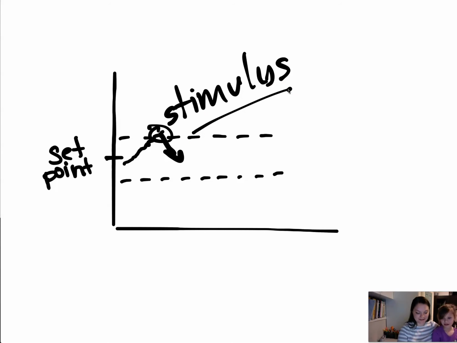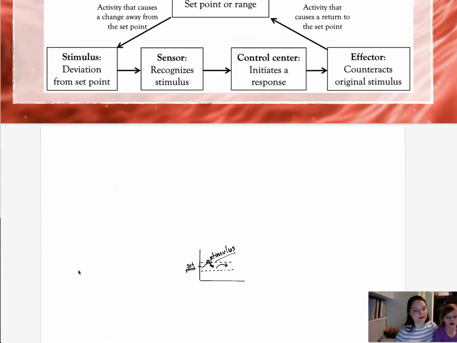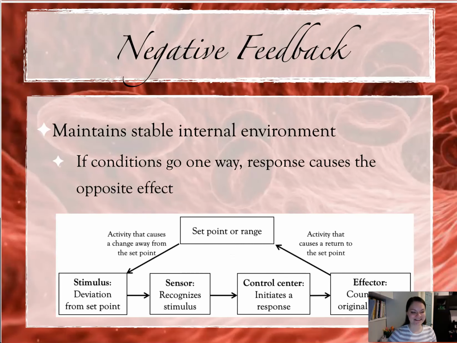Recognizing the stimulus, responding to it in such a way that it pushes you back in the other direction. So we'll look at a negative feedback loop in a minute. Anyway, when we're looking at negative feedback, that means we have a cycle that is able to take whatever that deviation, that stimulus is, and send it back.